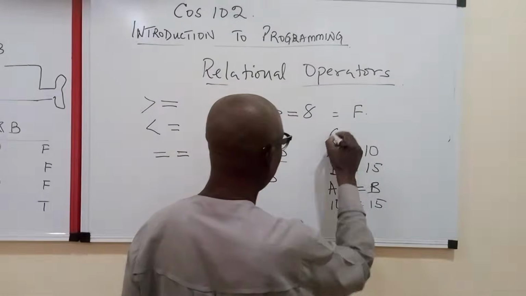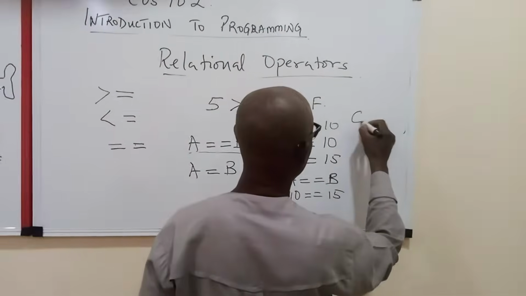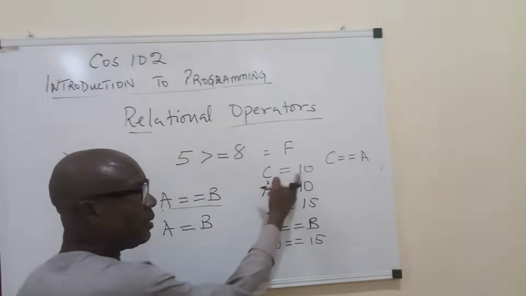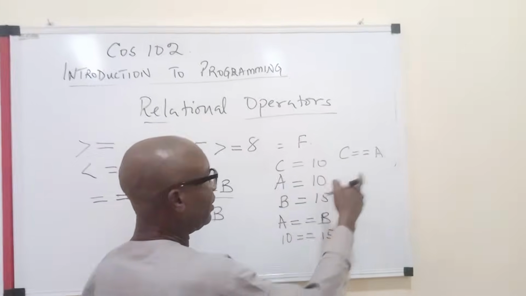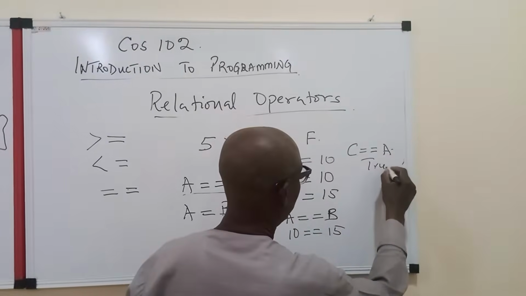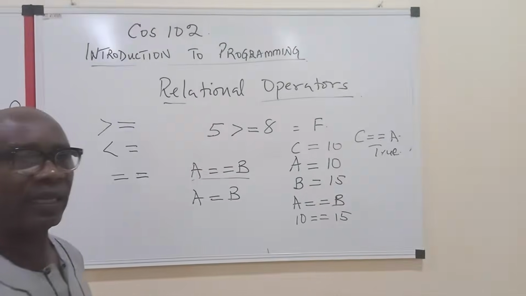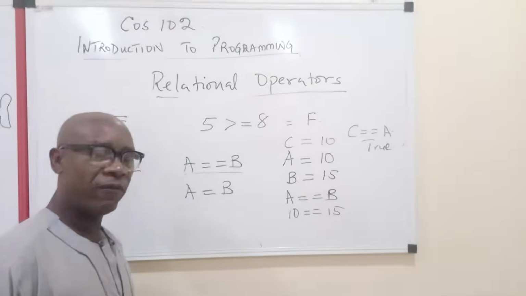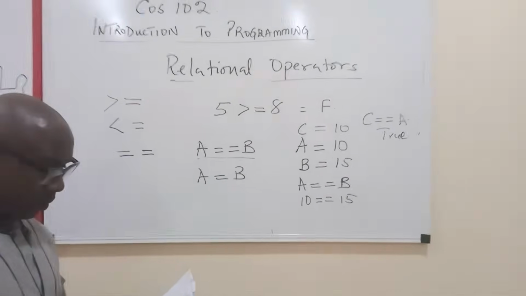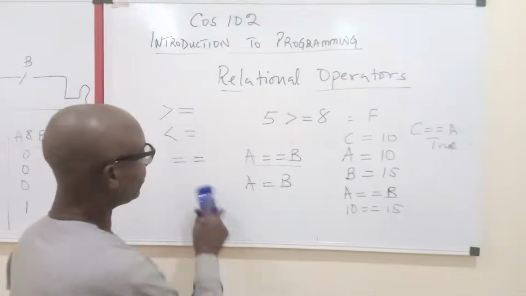But if we have C as equal to 10, then C double equal to A, because C is 10 and A is 10, this will give us a true value. True can be represented as 1, while false can be represented as 0. So having gotten this, let's go a little further again.